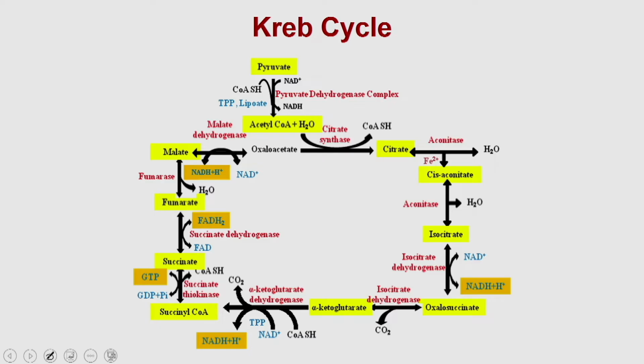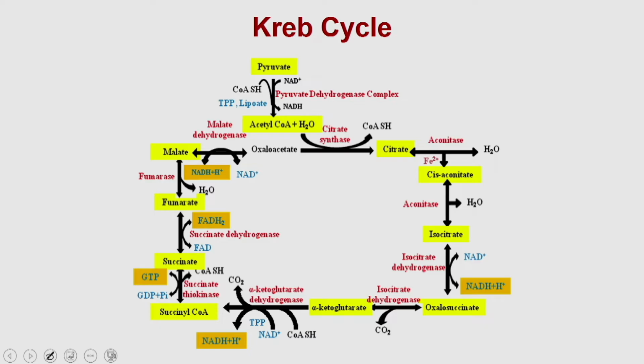And then acetyl CoA will get channelized into the Krebs cycle to go through these intermediates, and as a result it is also going to generate a large quantity of NADH, FADH2, ATP and GTP.